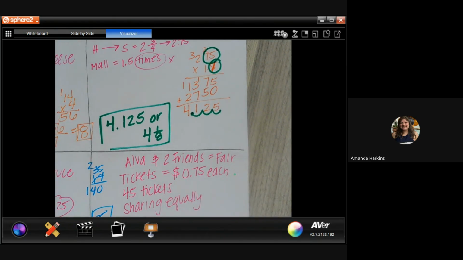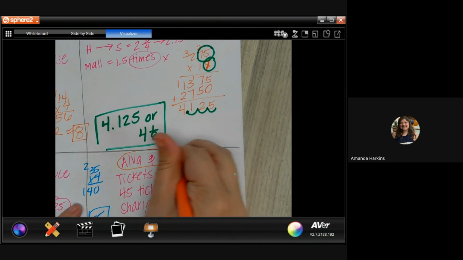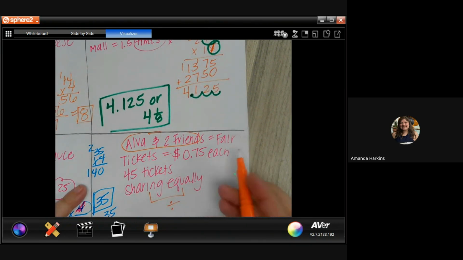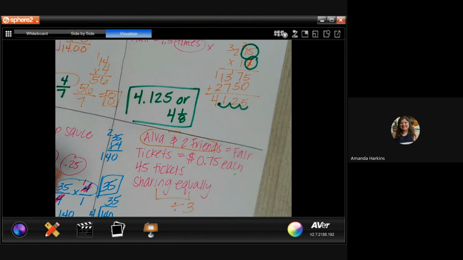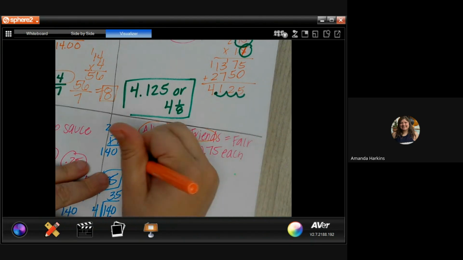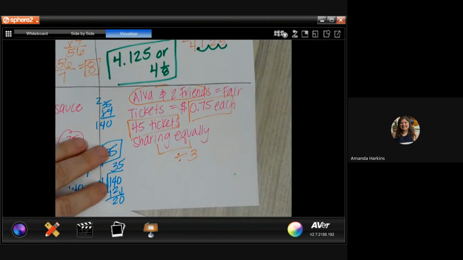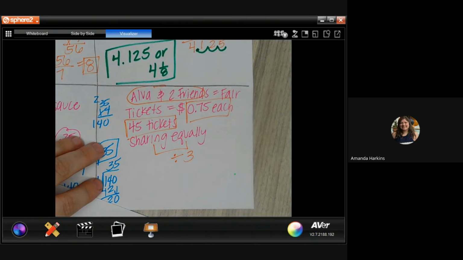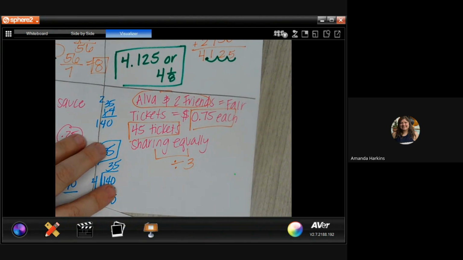So sharing equally already means what? We're going to be dividing at some point. And how many people were there? Alva and 2 friends, so there's 3 people. So first off, let's see how much she spends. What do you think I'm going to do with these 45 tickets and the 75 cents each? We're going to multiply. So go ahead, guys, pause it, and then go ahead and multiply.